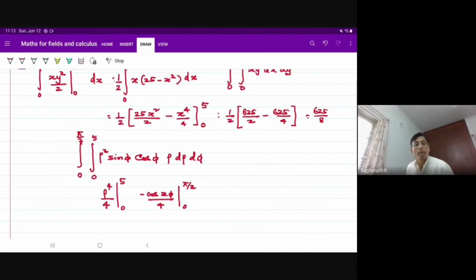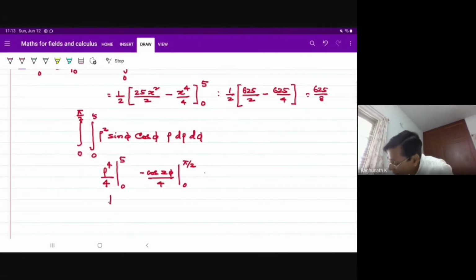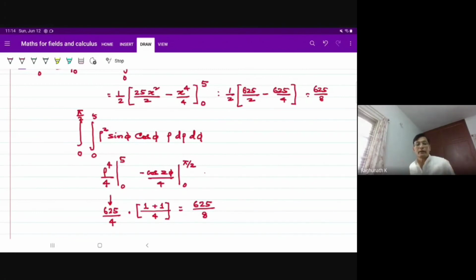Am I right? Cos pi is minus 1. This is 625 by 4 times 1 by 4 times minus cos 2 phi: minus 1 minus 1, minus of minus cos 0 is 1, which gives 625 by 8. Now you have to decide which is better.